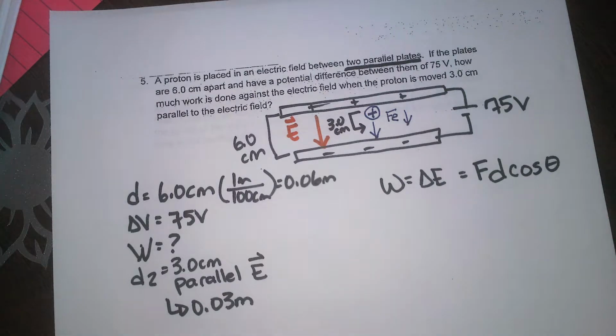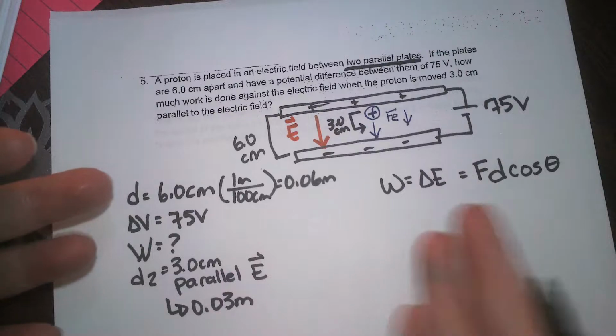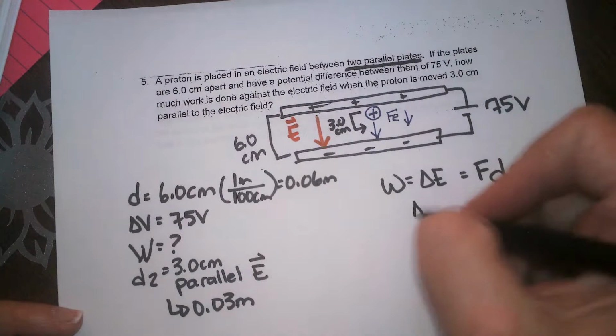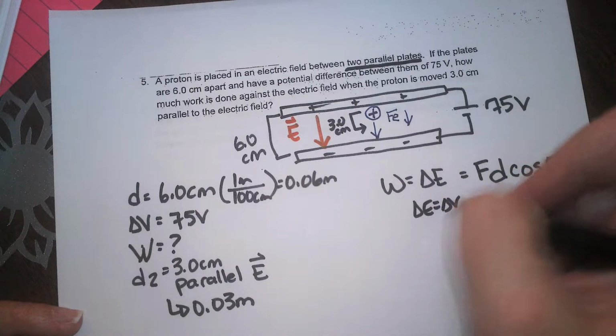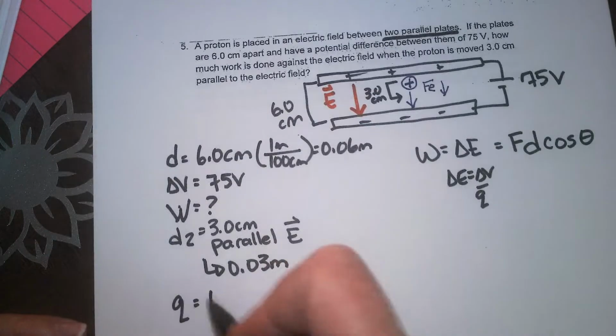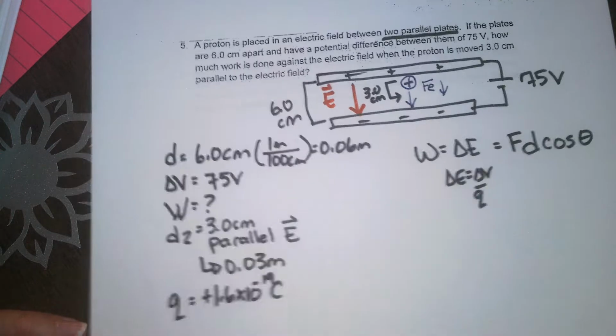In this particular case, we can use either. We can use the change in energy, right? Because delta E is equal to delta V times Q, and we know that we're dealing with a proton. So Q is positive 1.6 times 10 to the negative 19 coulombs.